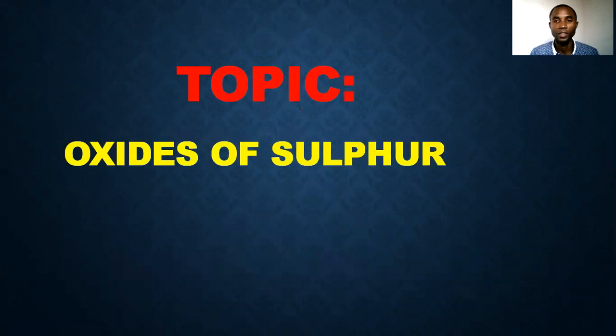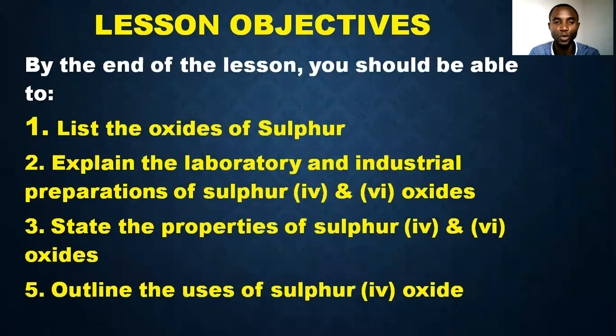Oxides of sulfur is the topic for this video. By the end of the video, you should be able to list the oxides of sulfur. Number two, you should be able to explain the laboratory and industrial preparations of sulfur 4 and sulfur 6 oxides.